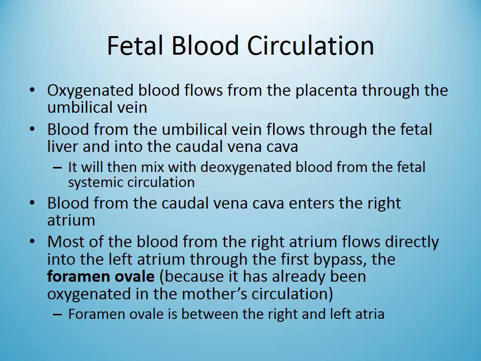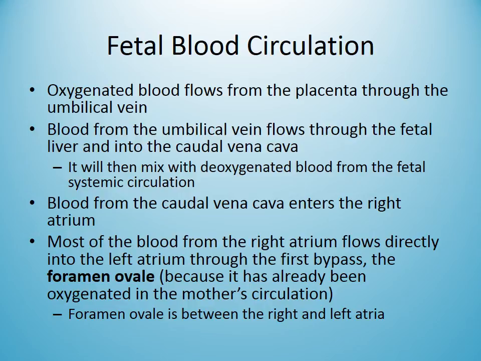Blood from the umbilical vein flows through the fetal liver and up to the caudal vena cava. It will then mix with deoxygenated blood from the fetal systemic circulation. Blood from the caudal vena cava enters the right atrium.